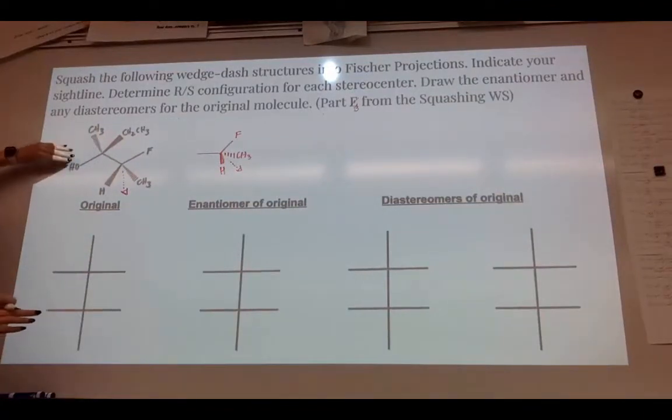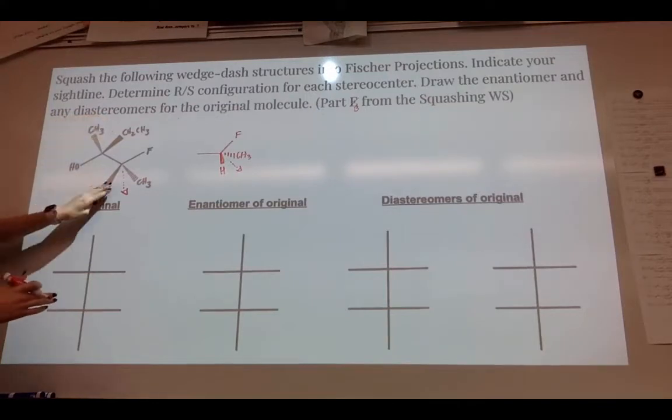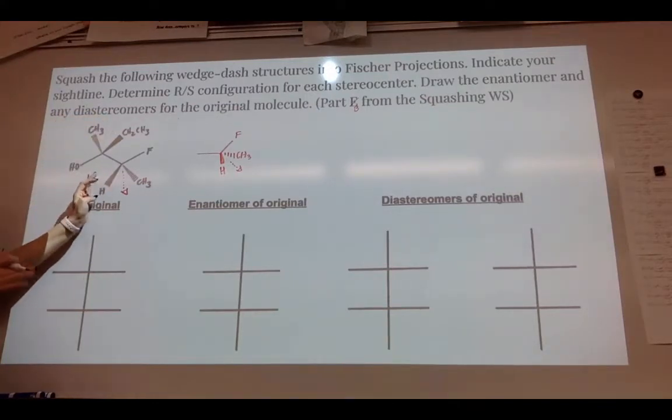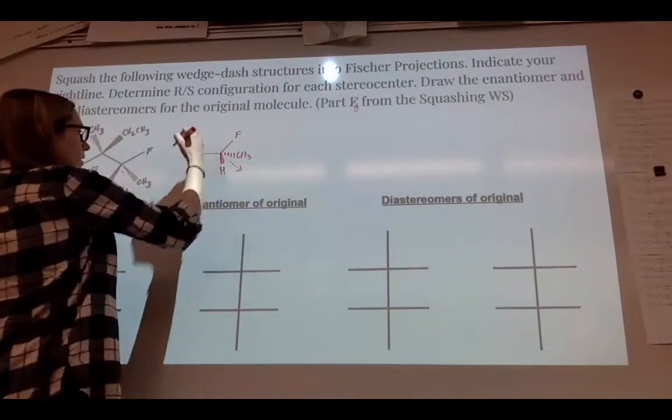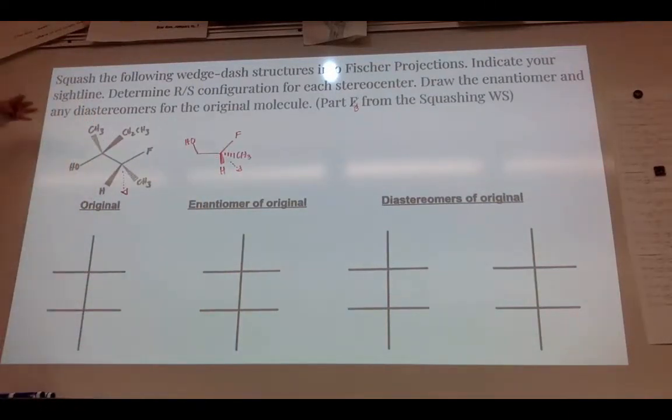For this side, I need the OH to be as far away from me as it can be, because when I'm looking down here, the OH is still close to me. So I need the OH, what's in the plane of the paper, to be as far away from me as it can be. All I'm doing is rotating this single bond.